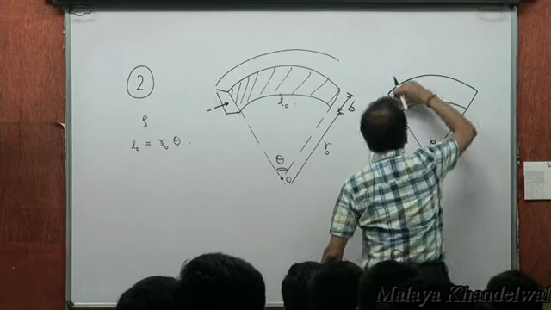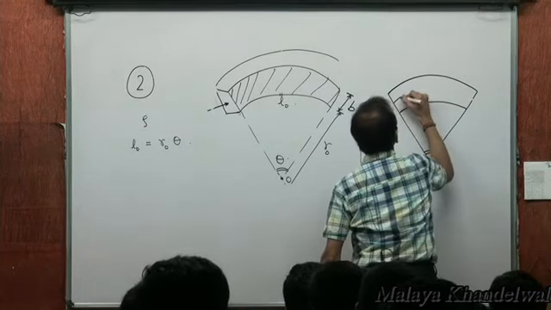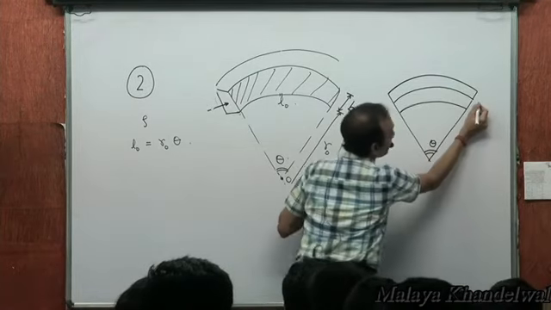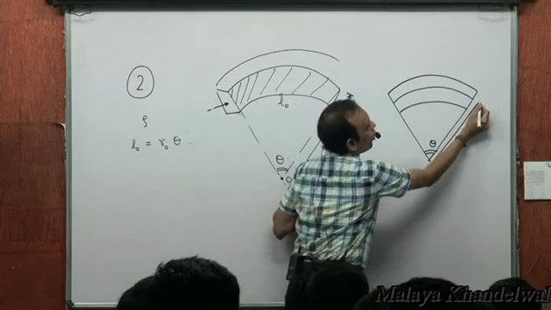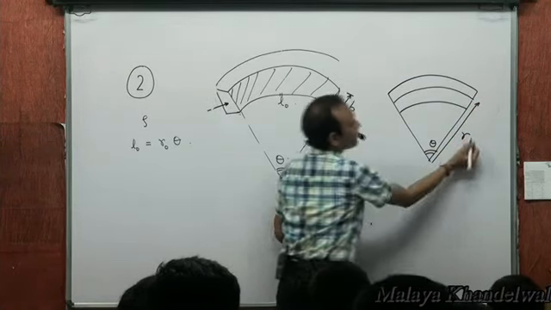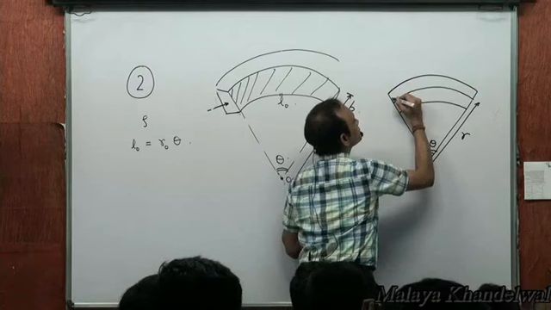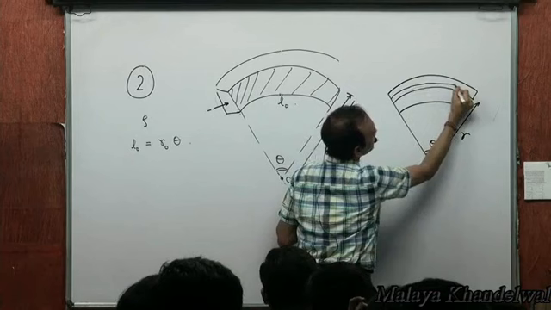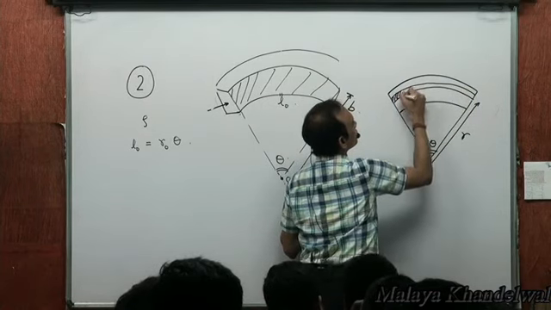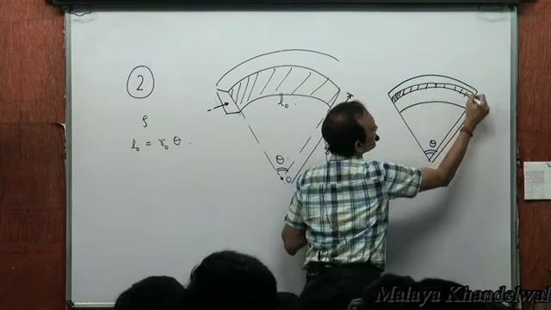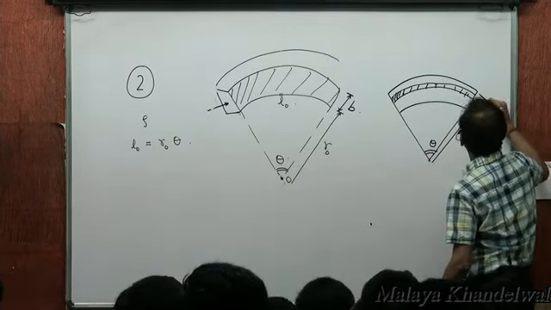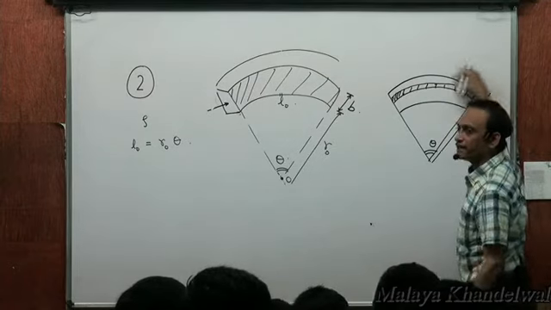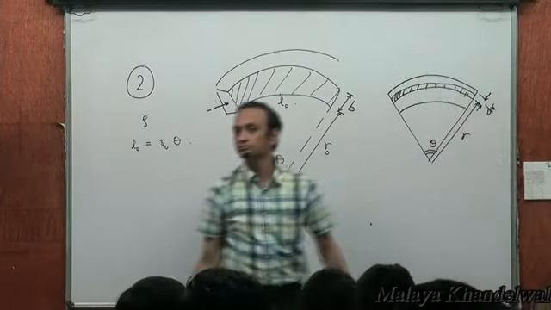I take a length of the wire like this, a circular length like this, of radius r and of width dr. This is radius r and width dr. I take current flowing through this shaded portion.